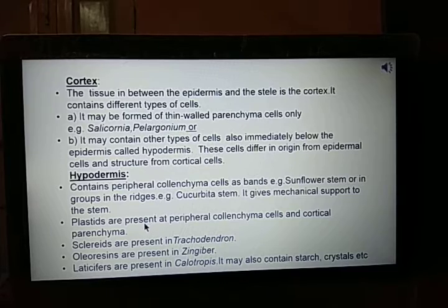Now, plastids may be present in the peripheral chlorenchyma cells. Sclereids may be present as in Trochodendron. Oleoresins are present in Zingiber. Laticifers are present in Calotropis. Besides this, it may also contain starch, crystals, etc.